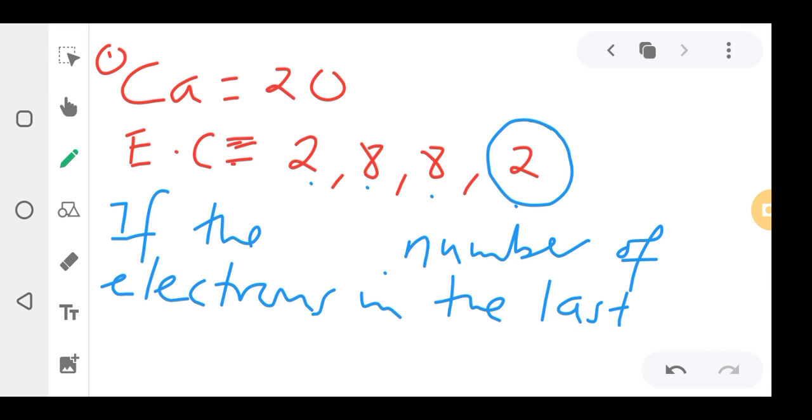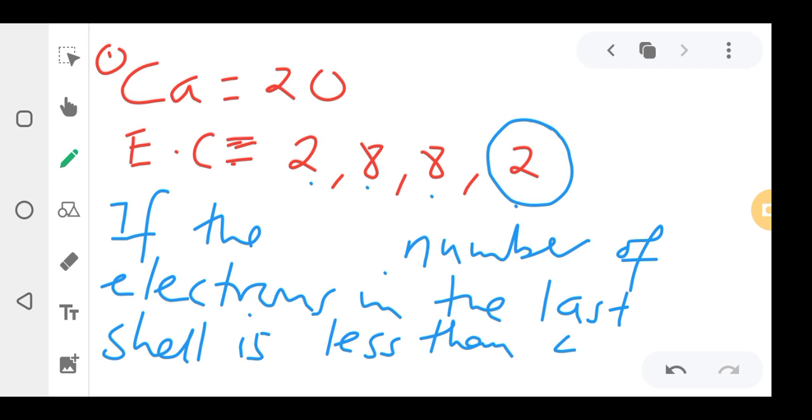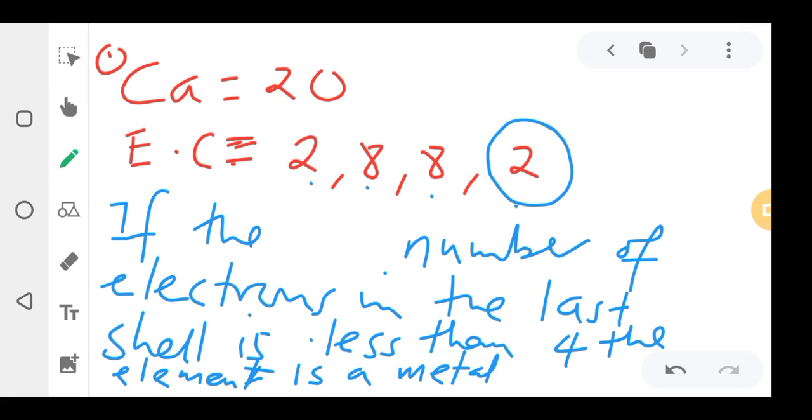So if the number of electrons in the last shell is less than 4, the element is a metal.